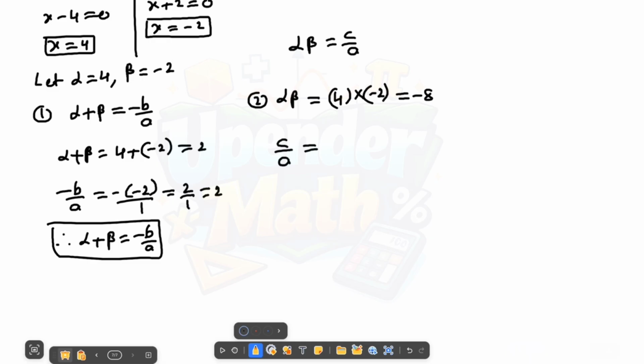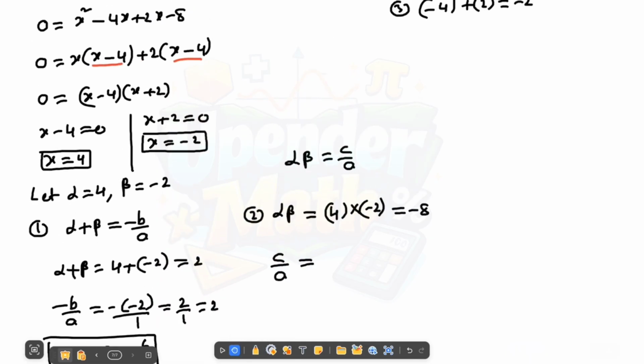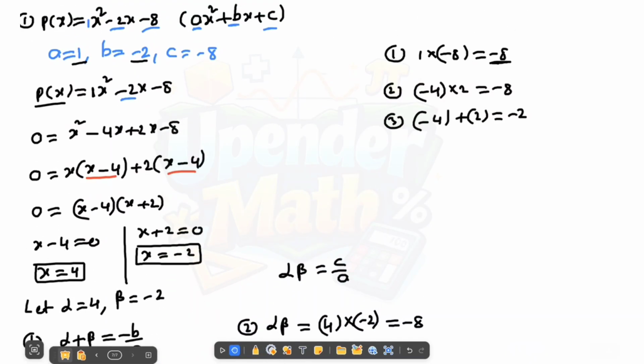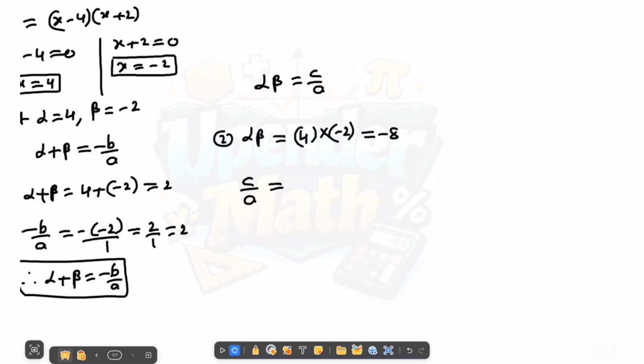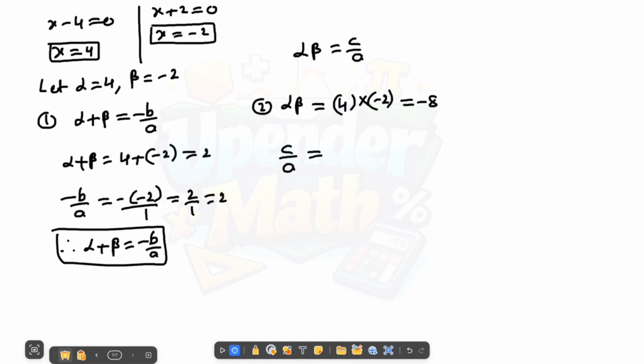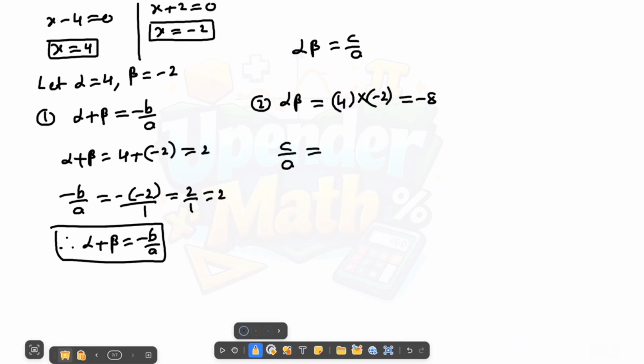So c by a, what is the c value? C value is minus 8 and a value is 1. So minus 8 by 1 is minus 8.